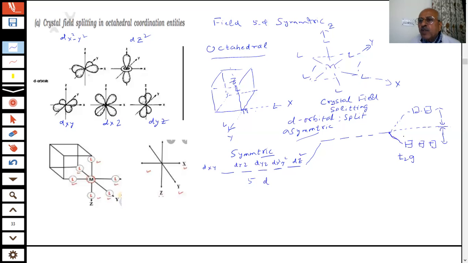This is called T2g, and this is called Eg. So there is a splitting of the d orbitals in an octahedral crystal field. What I told you here is the octahedral splitting of d orbitals in an octahedral crystal field.